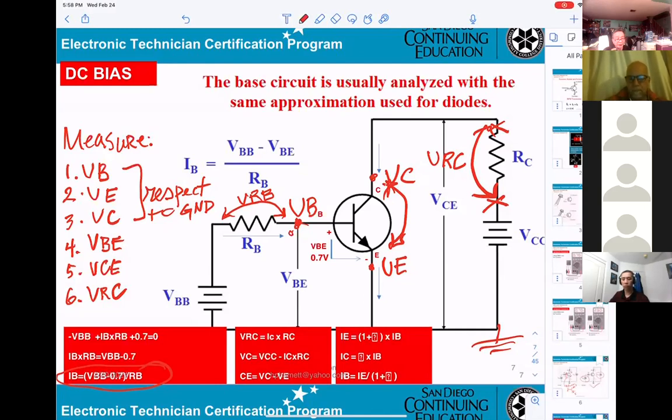That means you measure voltage across it.